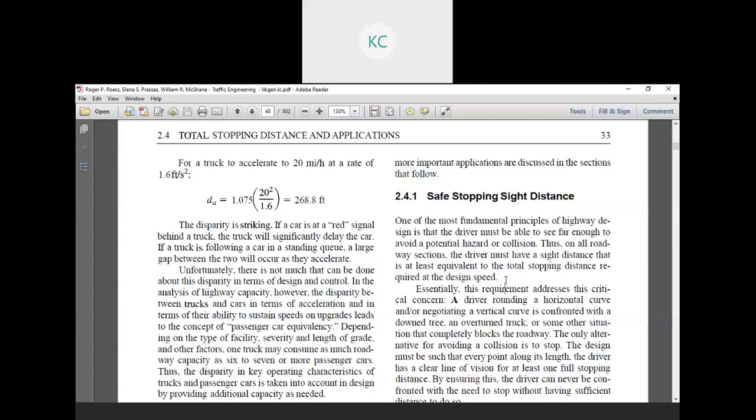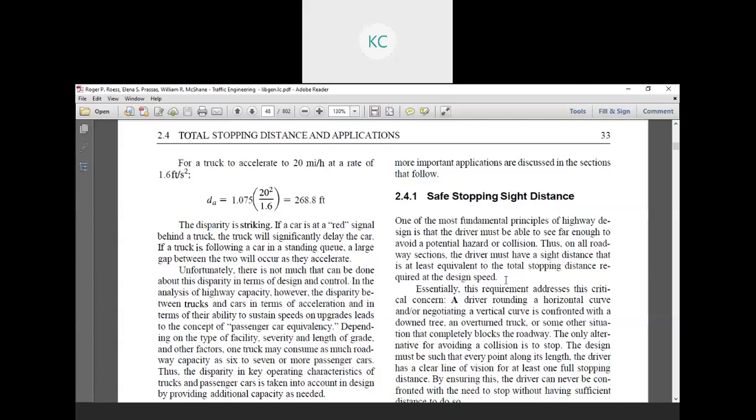So it is called the design speed. When we talk about the national highway, the design speed for a passenger car is 100 kilometers per hour, and for a truck it is 80 kilometers per hour. This kind of speed regulation, speed signage, or speed study is known as design speed.